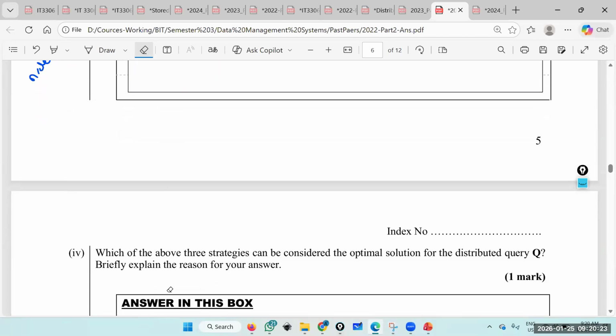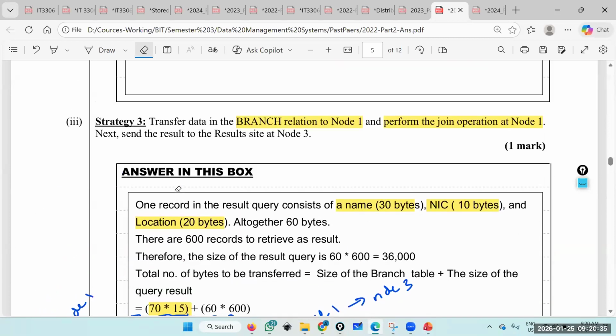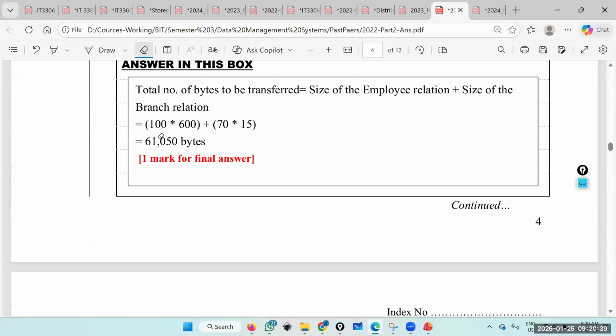Right, so the next one. Which of the above three strategies can be considered the optimal solution for the distributed query? Now, take the smallest one. This is 37,050, 96,000, 61,000.